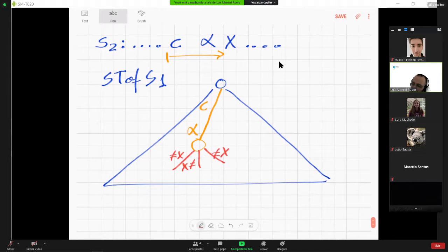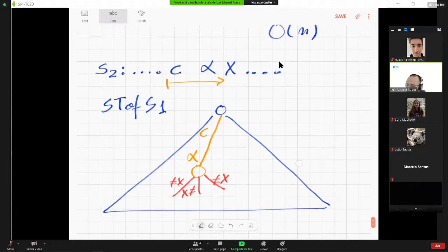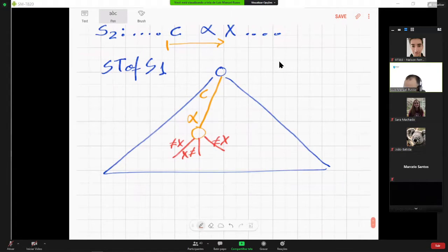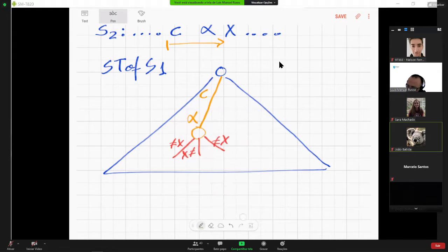So all the letters that leave from alpha are all different from X. That means I was able to read C alpha, but then I'm not able to read X. Is this setup clear? Yes? Okay.